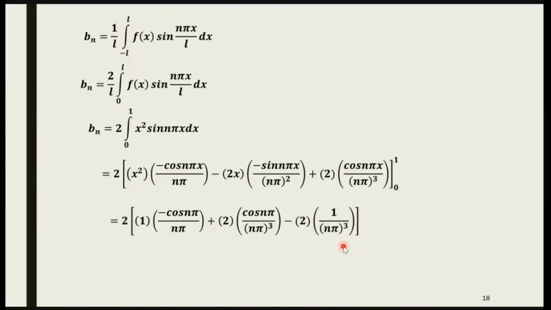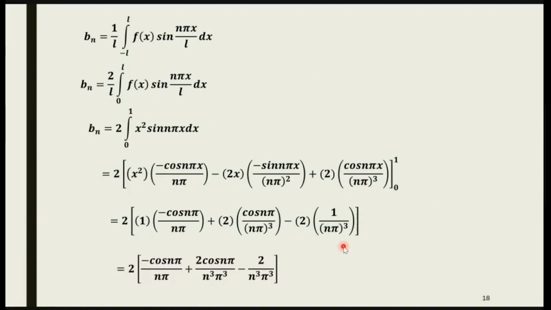It is pi cube है वहां पे, n cube pi cube, ok fine. So it is 2 into minus cos n pi upon n pi plus 2 into cos n pi upon n cube pi cube minus 2 upon n cube pi cube.